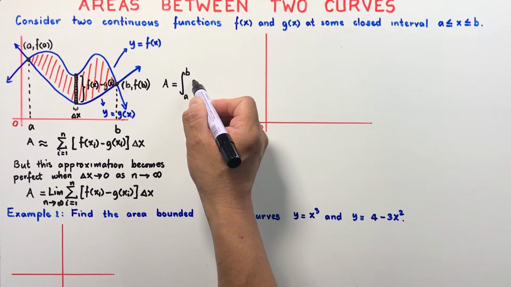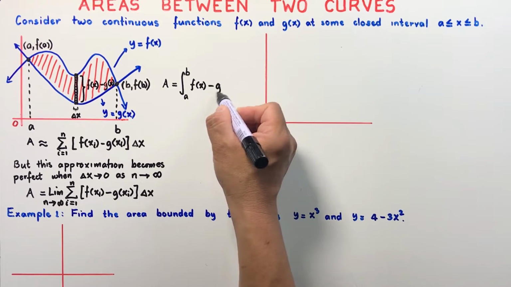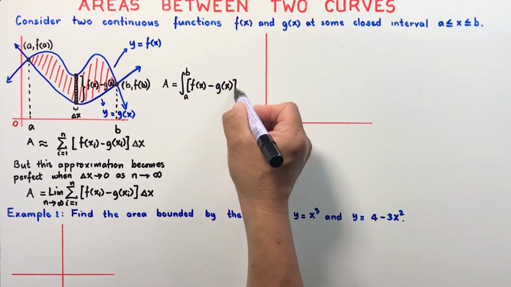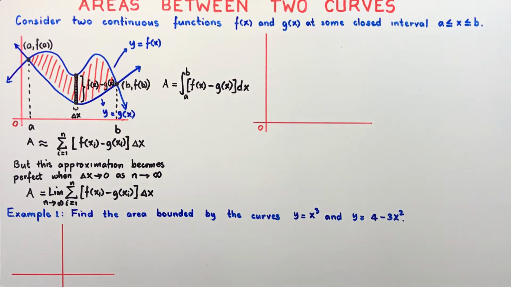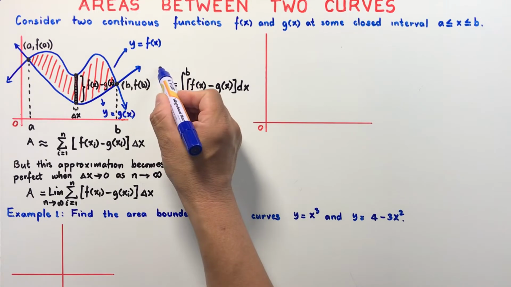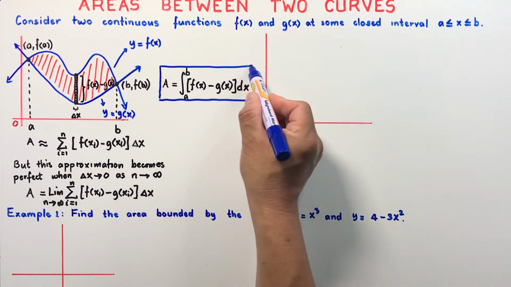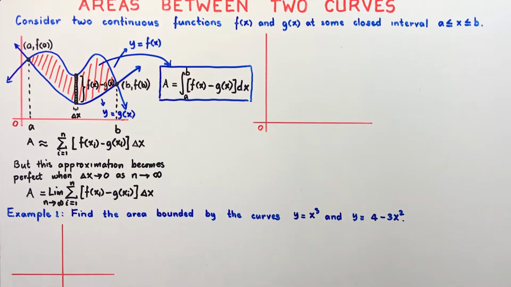And what is the length of every slice? It is defined to be f of x minus g of x times its thickness of dx. So therefore, this is our formula in finding the area of this shaded region.